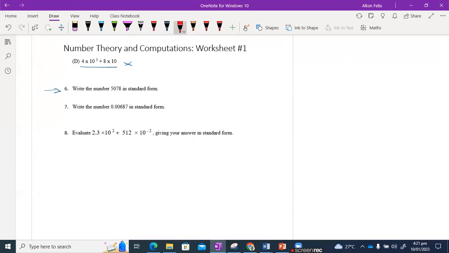If you recall, writing a number in standard form means you must have a number here, which must always be between 1 and 10. Right, let's put a little note here: from 1 up to, but not included.